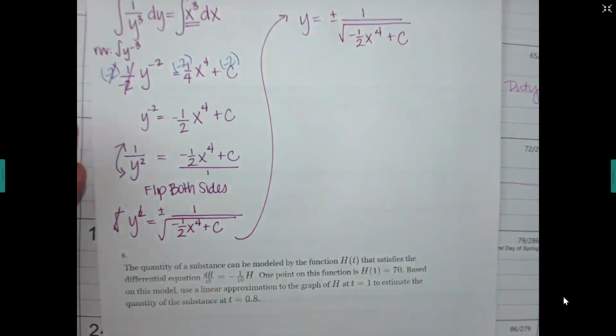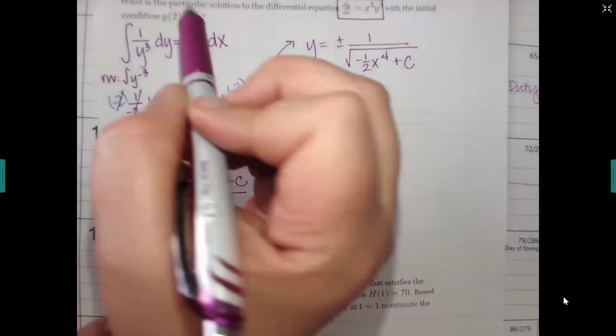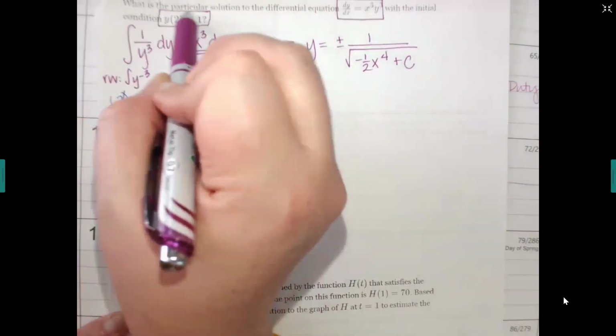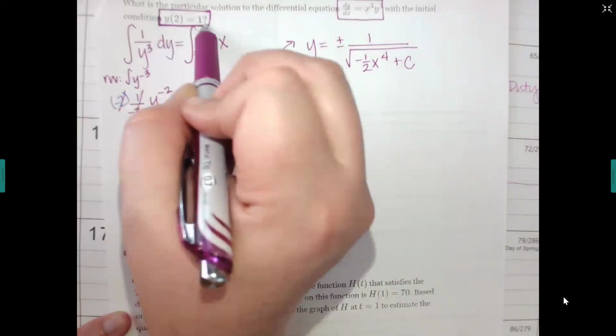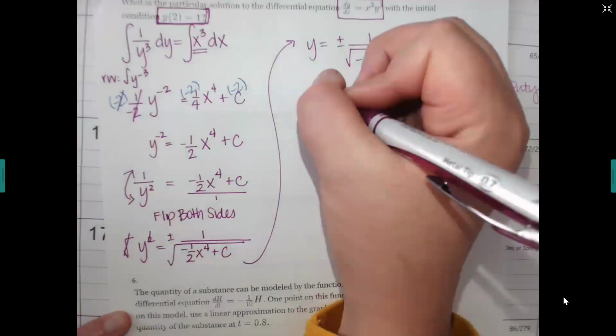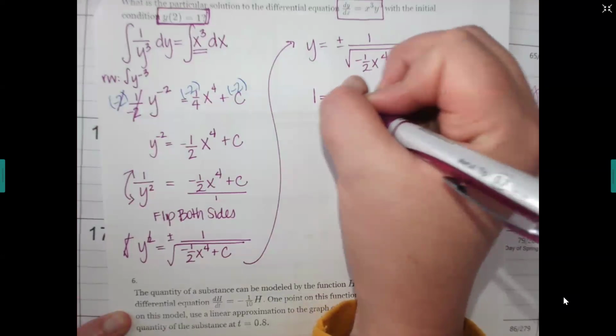Look for your initial condition. It should be an XY combo that will allow me to find my C. So they tell me right here that my y of 2 is 1. Which of those numbers is the y? 1, and then that should be the answer when I plug in 2.